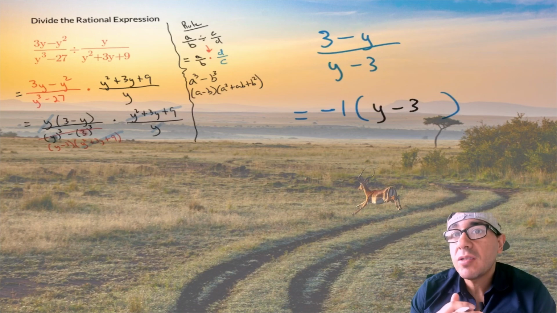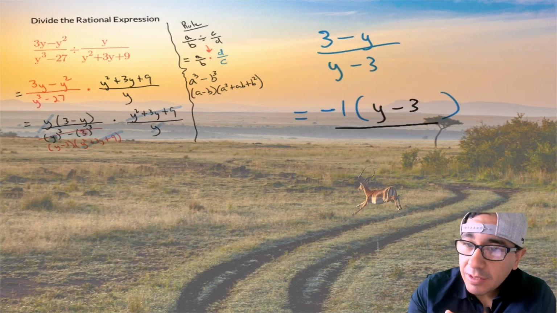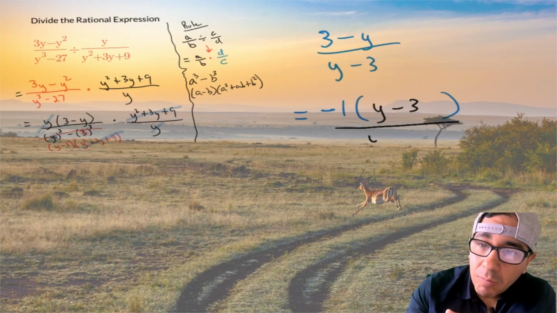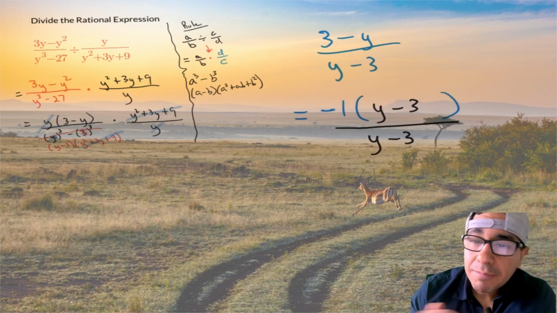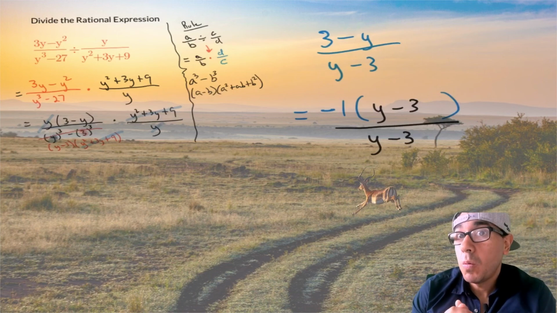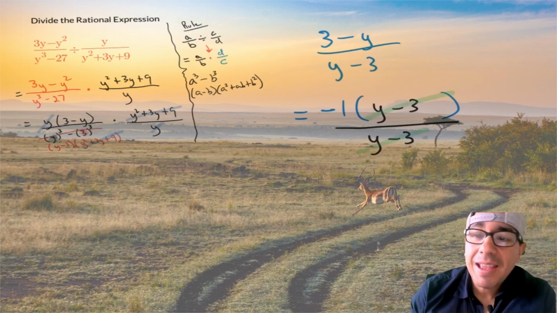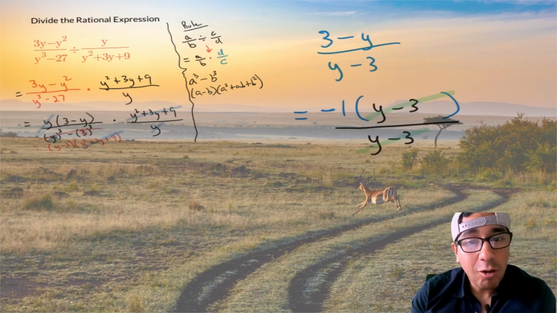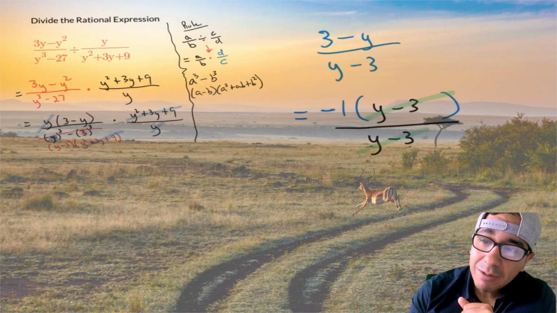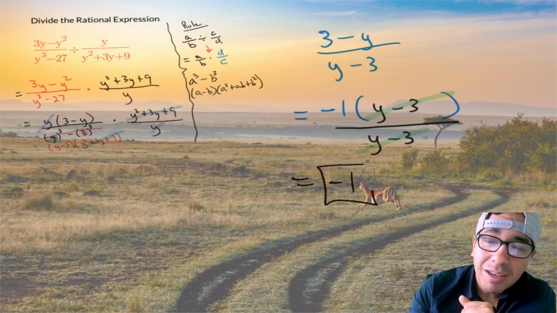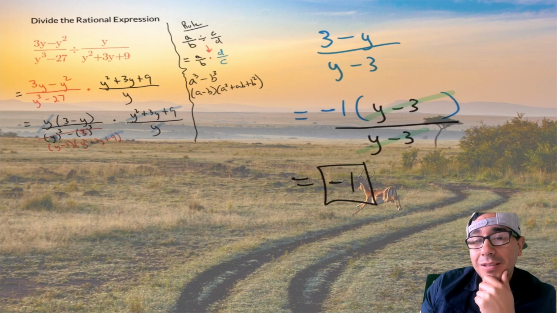I just changed the signs. And we divide that by y minus 3. And what do you notice? These cancel out. And that entire mess that we started with was the same thing as writing negative 1.